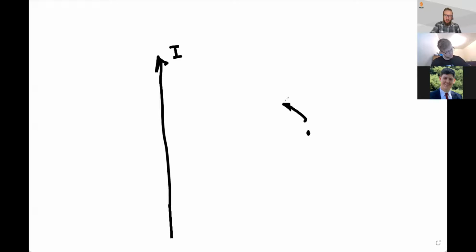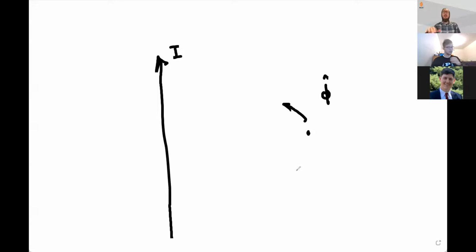So because it's infinitely long, we can expect the magnetic field to be the same in each place. And that has to do with, let's consider some really basic case like this. If we want to know the magnetic field here, which we know is going to be in this direction, in the phi direction.